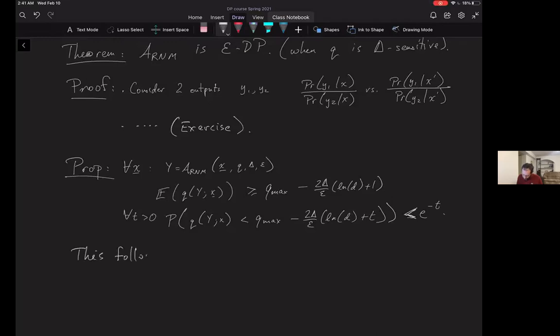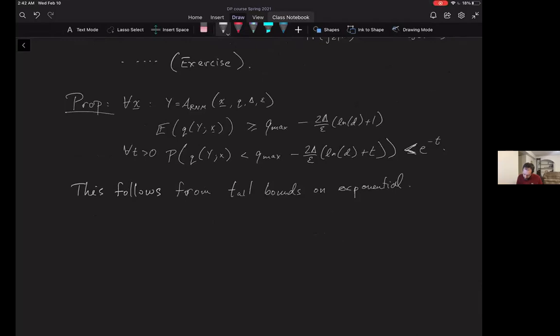So in order to show this, all we have to say is that the noise random variables aren't very big. So this follows from pretty simple tail bounds on the exponential distribution. So here's what we know.